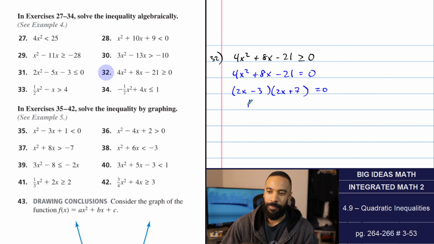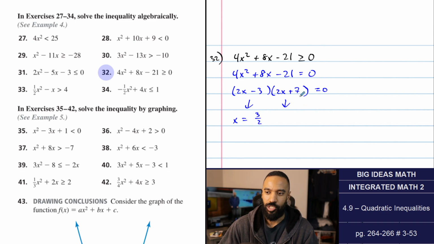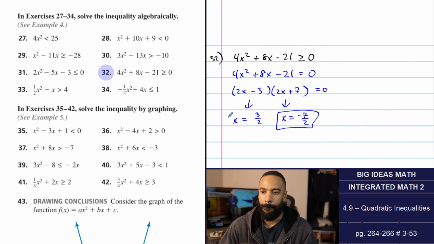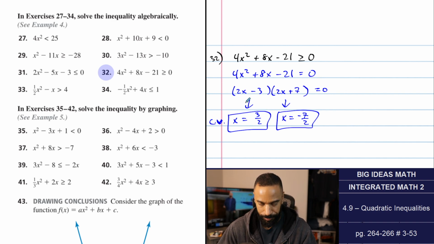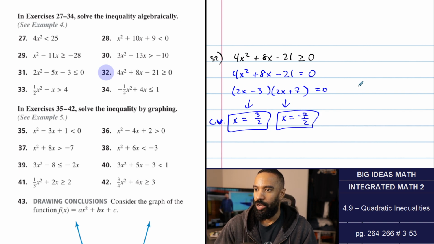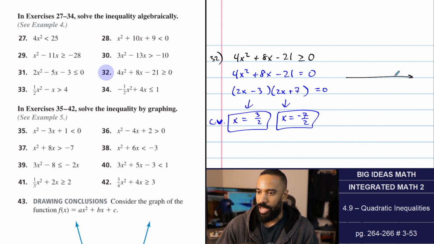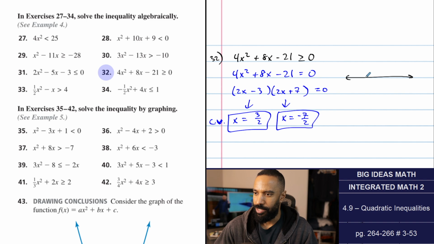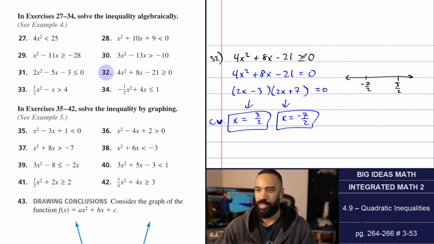So, x equals 3/2, add 3 divided by 2, subtract 7 divided by 2, x equals negative 7/2 there. So, boom. Your critical values exist here. Our sign chart will tell us what goes between things like that. Greater than or equal to is what we're testing against. Or equal to means these points will be fine.